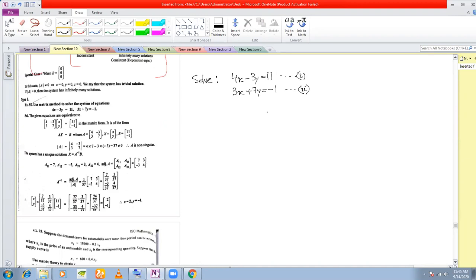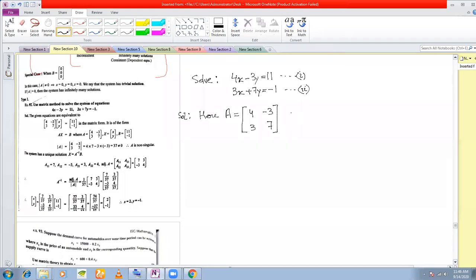Okay. So first of all, we construct our matrix A. So here the solution is A is equal to 4 minus 3, 3, 7. Okay.